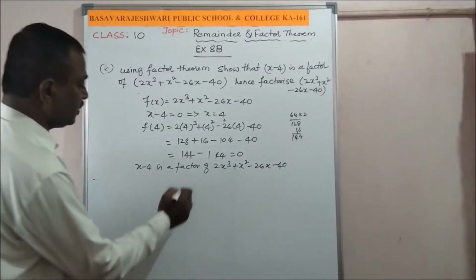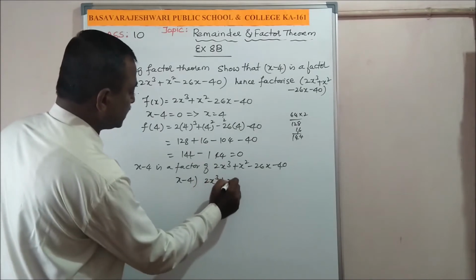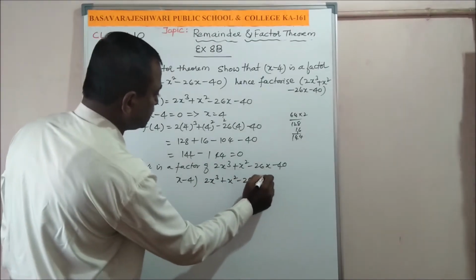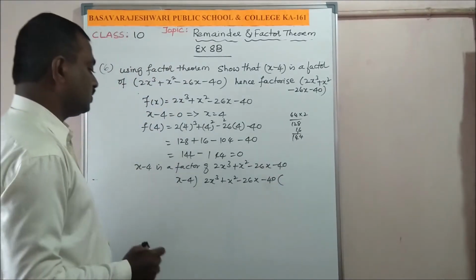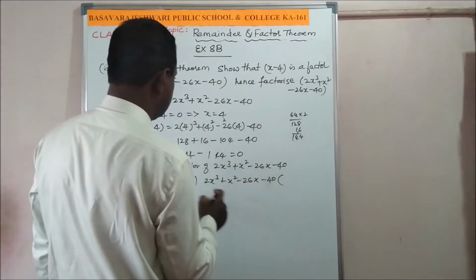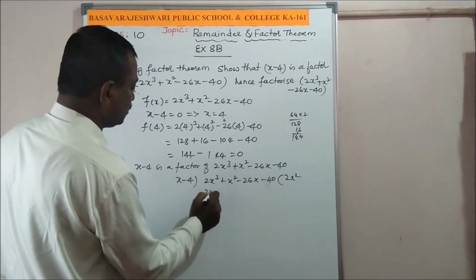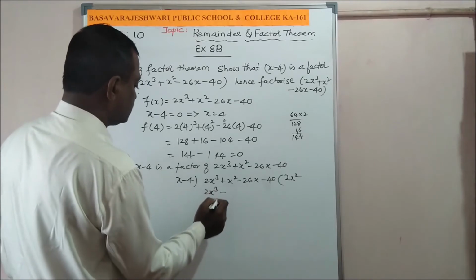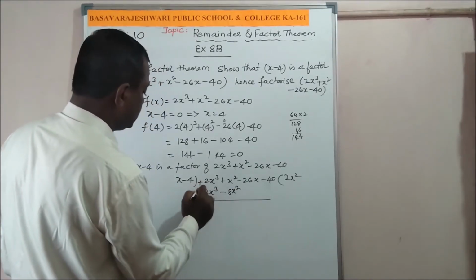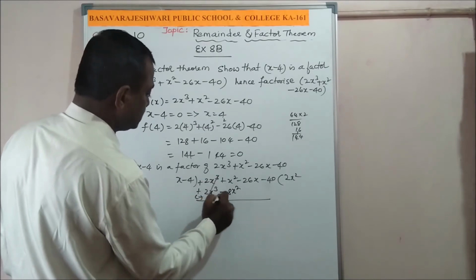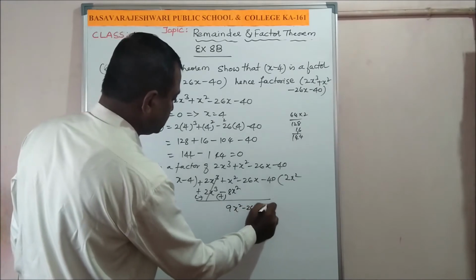Correct? Now we have to divide x minus 4 into 2x cube plus x square minus 26x minus 40. So here 2 and x square: 2x square into x, 2x cube. Minus 2 fours are 8x square. So plus, minus cancels, plus 9x square minus 26x minus 40.